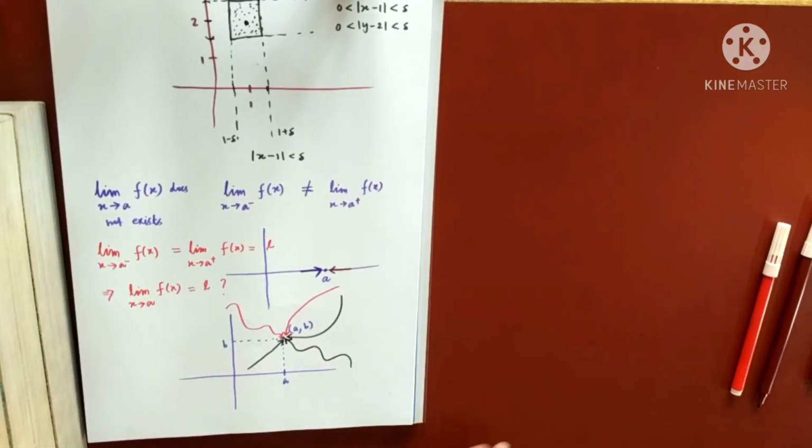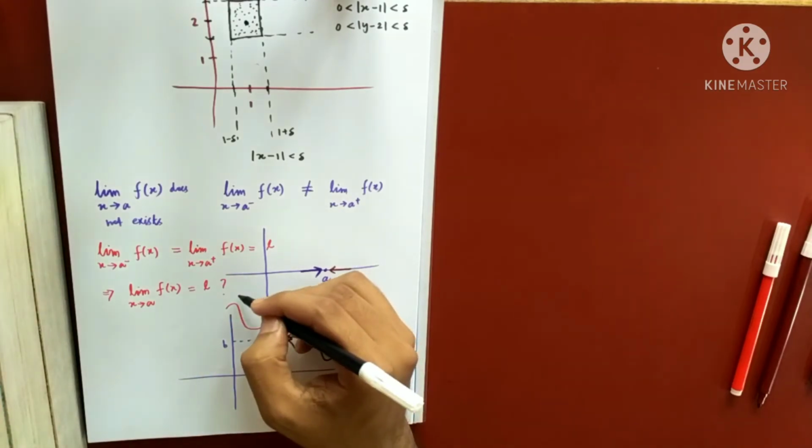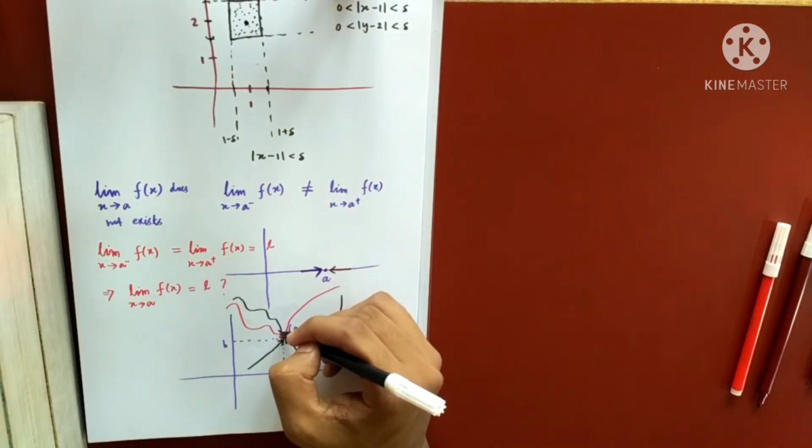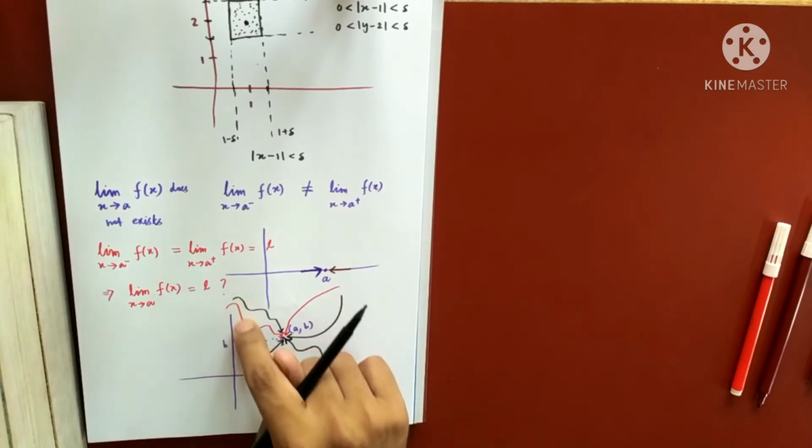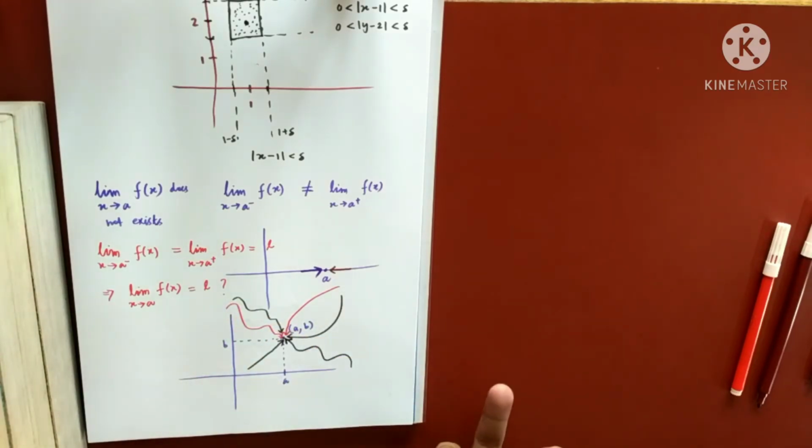Never do that, because you have to check for every possible path going to (a, b), and that is not possible. Suppose you take this black line and the limit is L, you take this red line and the limit is L. Just by checking these two, you cannot say that the limit will exist.